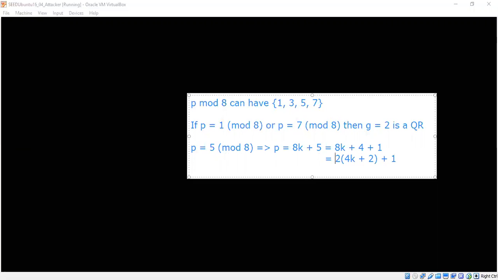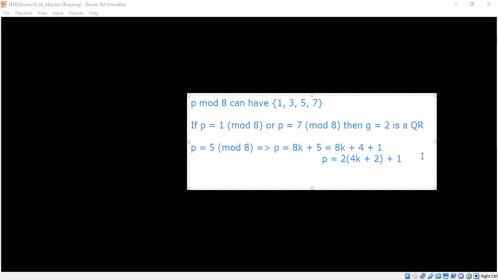Obviously this is not a safe prime, because 4K plus 2 is an even number. Therefore, P equal to 5 mod 8 is impossible in the context of a safe prime. P equal to 5 mod 8 is not possible if P is a safe prime.